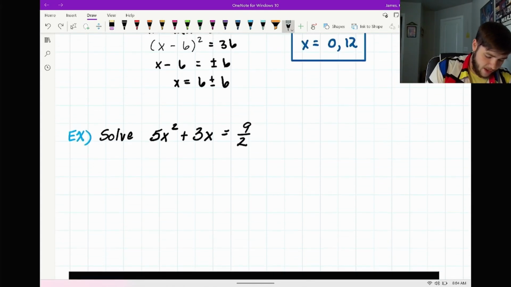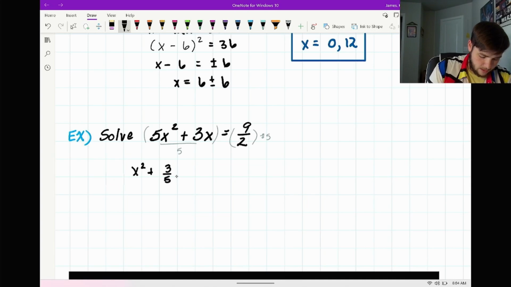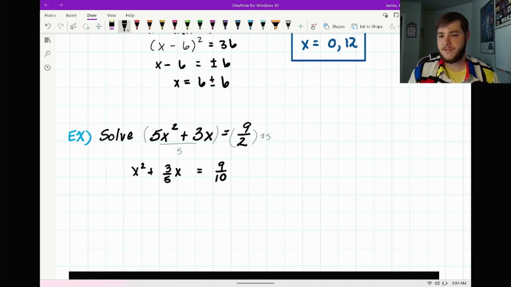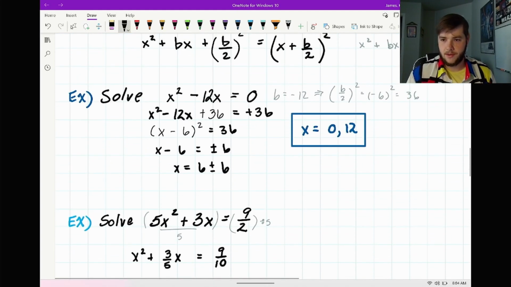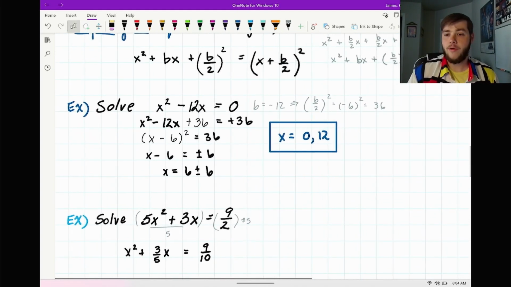If I divide both sides by 5, then I will get x squared plus 3/5 x equals 9 over 10. And now I have something that almost looks like the left-hand side.